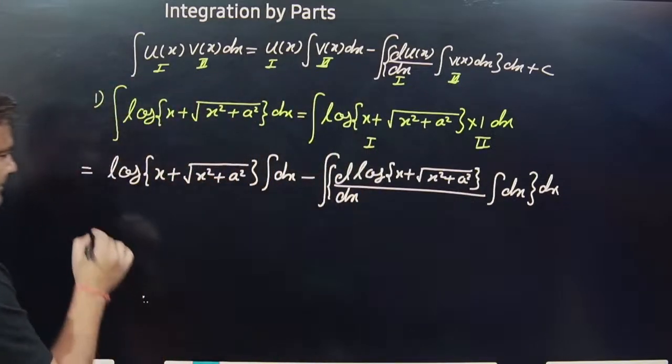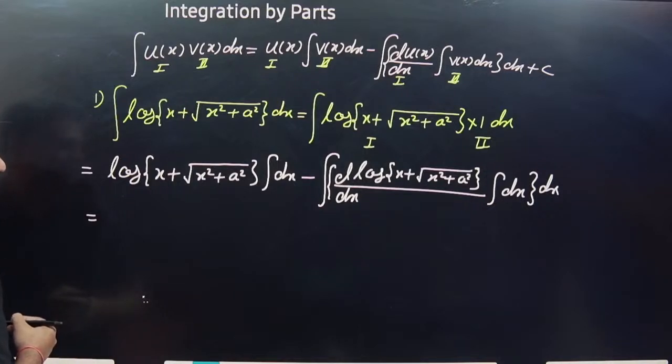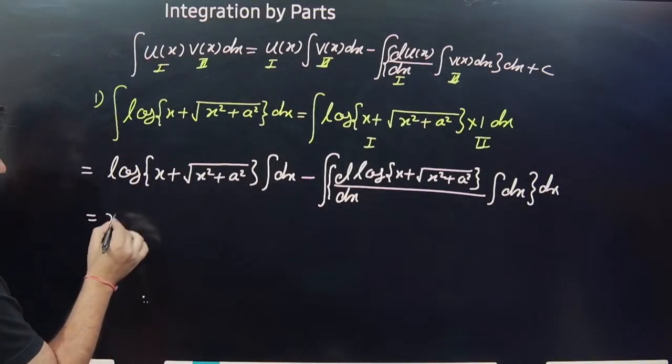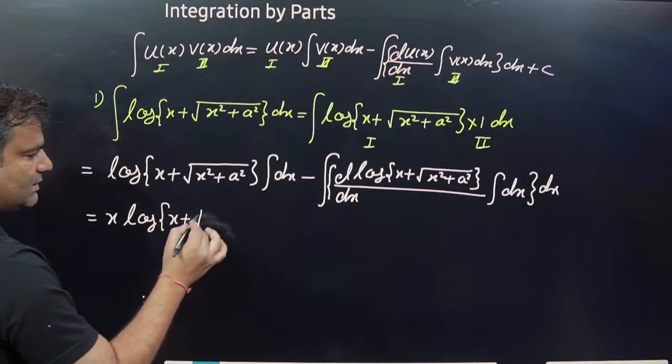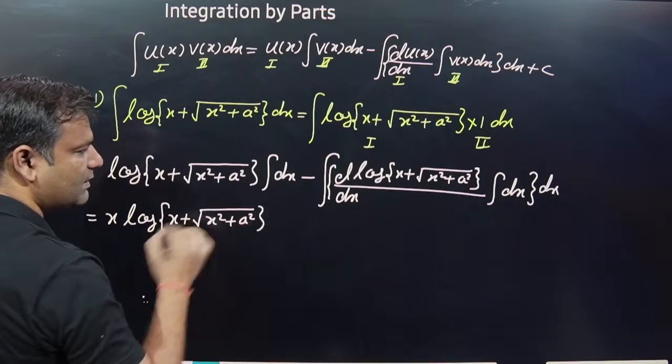Now after that, integration of 1 dx is simply x, so x into log of x plus under root x square plus a square. Clear?